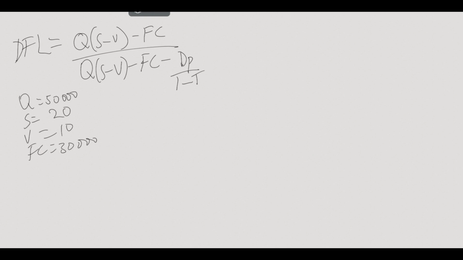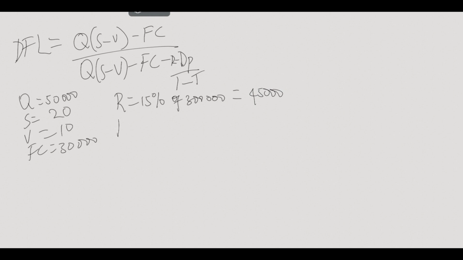But then now there is a twist to the question, like we all know. So now we have to calculate our R, we have to calculate our DP, and we have to calculate our T. From the question, it is 15% of 300,000, that's the rate on the debenture, which gives us 45,000.